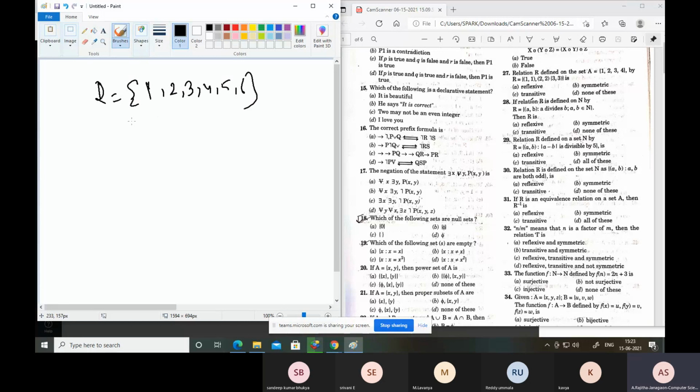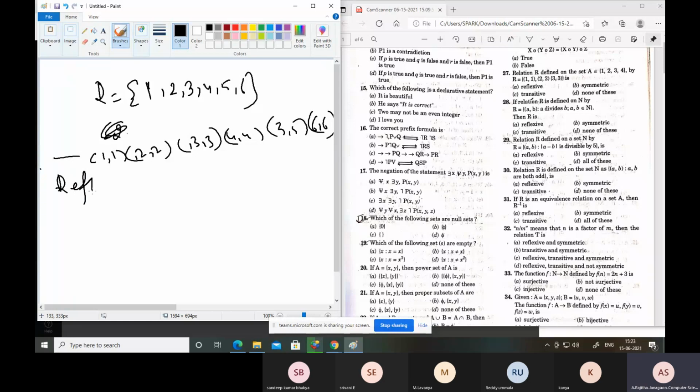Here A divides B, so we get 1,1; 2,2; 3,3; 4,4; 5,5; and 6,6. Each and every number divides itself. That is the reflexive property. It satisfies the reflexive property.